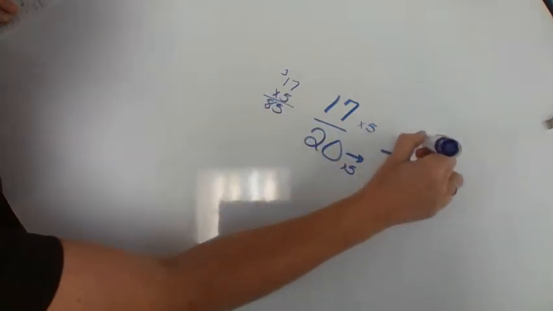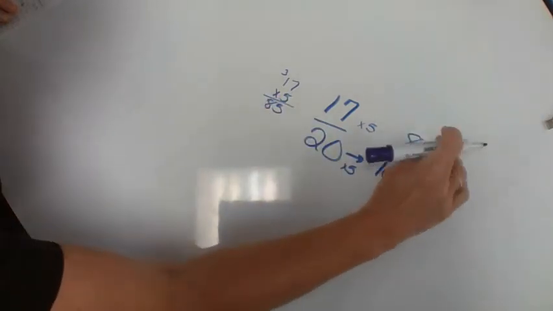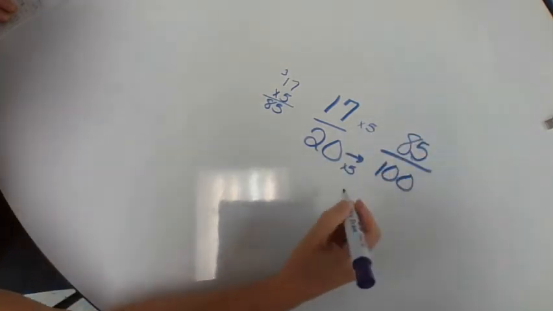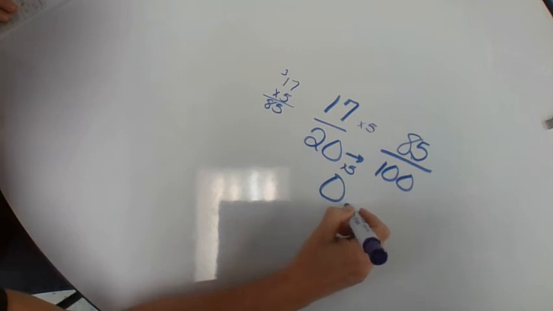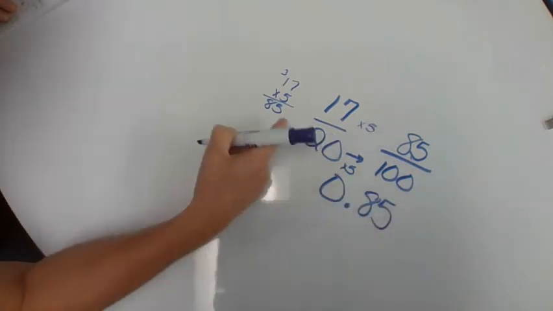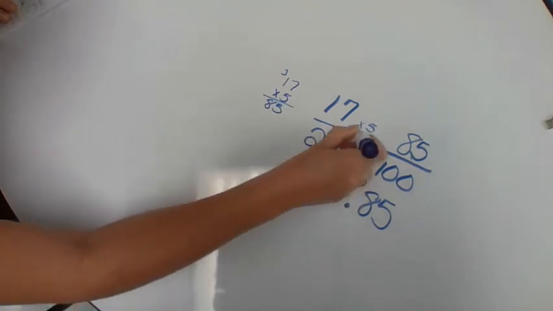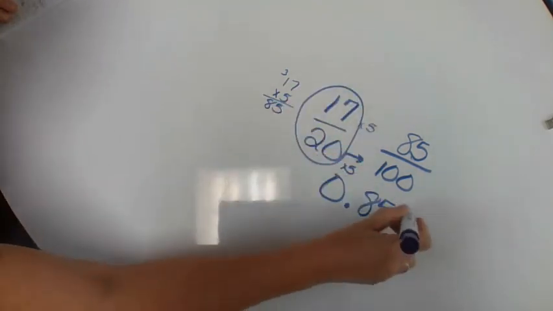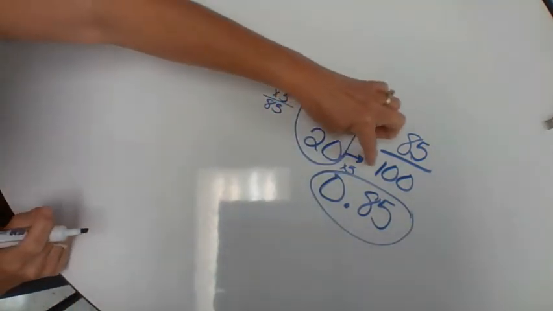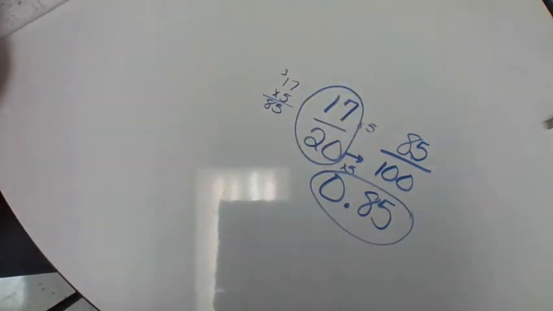So our numerator is 85 hundredths. Sorry about that. 85 hundredths is the decimal 0.85. The fraction 17/20 is equivalent to the decimal 85 hundredths. We did that by getting the denominator 100.